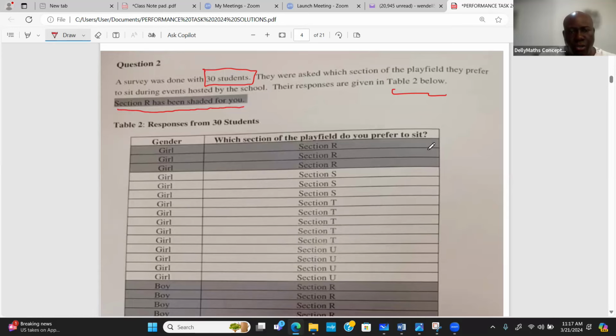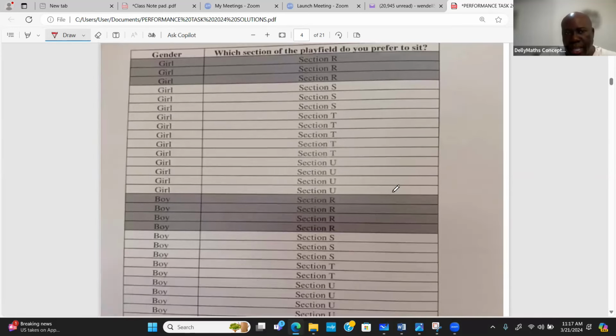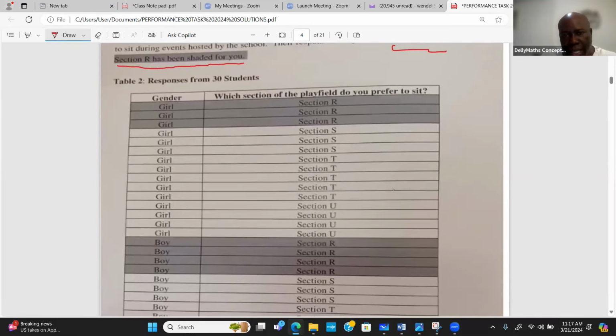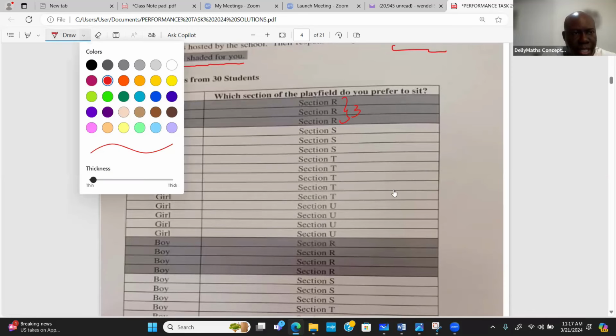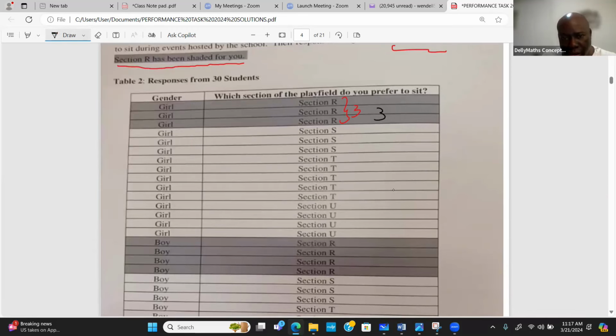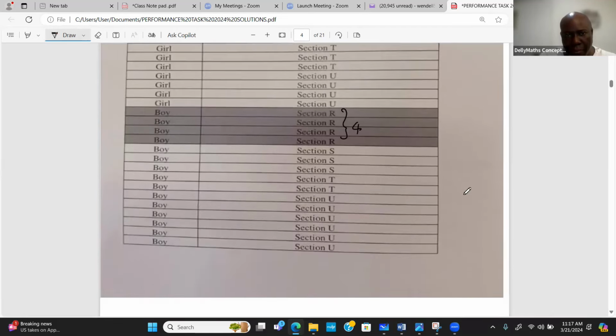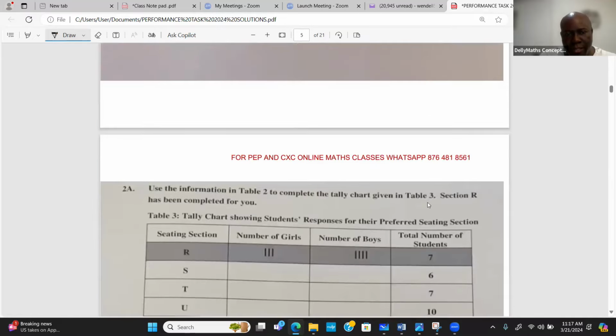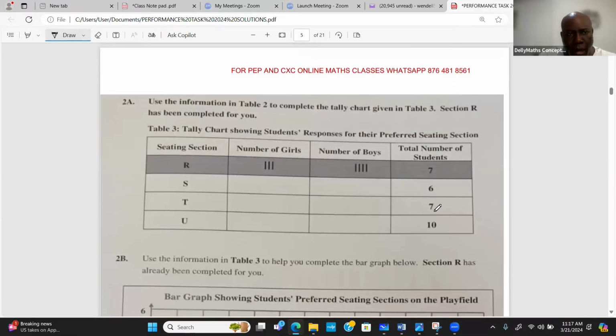So for section R, we're seeing 3 girls and 1, 2, 3, 4 boys. 3 girls, 4 boys. And you can see they put it in the table.